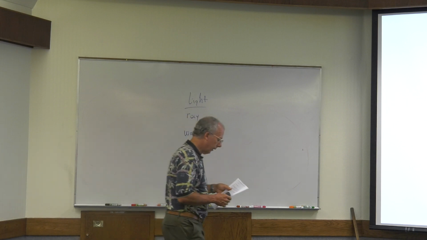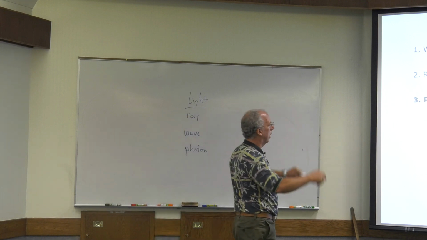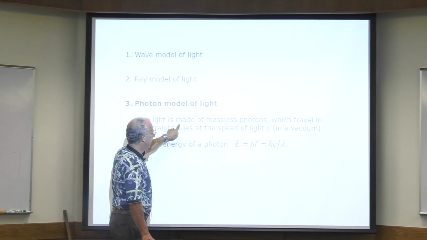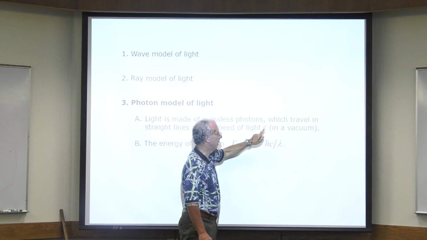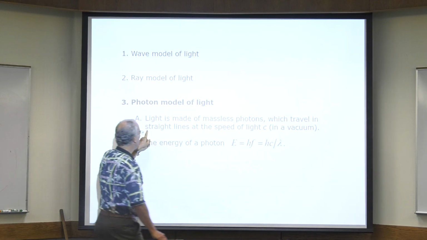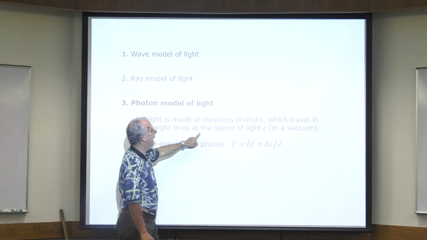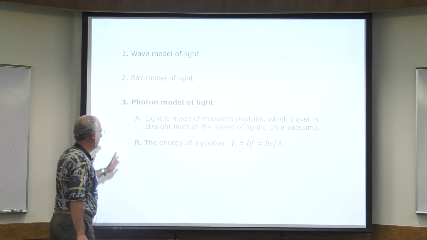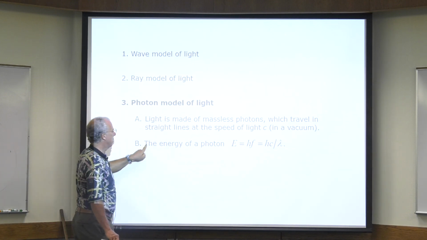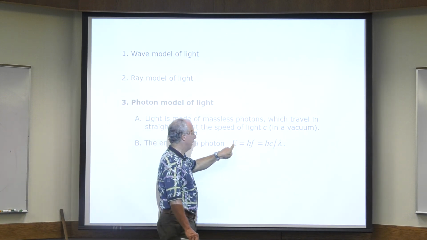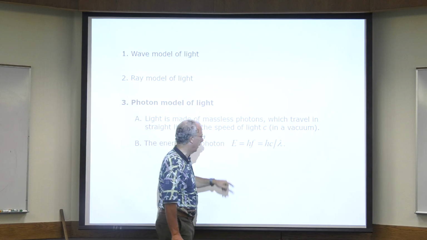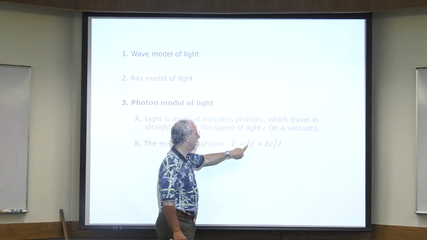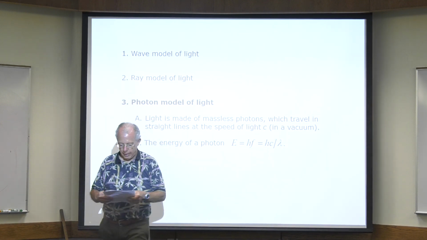Okay, so what does the photon model say? The photon model says light is made of massless photons. These photons travel in straight lines at the speed of light, c, in a vacuum. Also, the photon model says that the energy of a photon, E, that's energy now, not electric field, equals hf. f is the frequency. h is a constant.